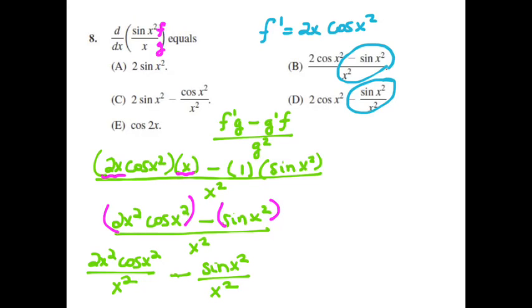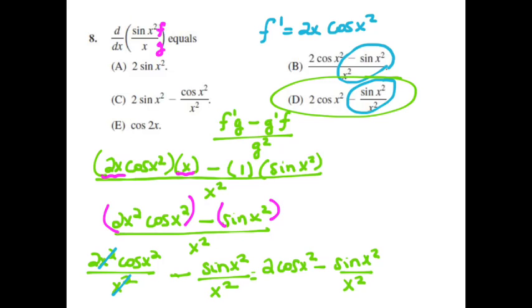Now, by doing this, in my first fraction over here, the x squareds cancel out, and I'm left with 2 times cosine of x squared minus sine of x squared over x squared. And now we have a match. This matches answer D.